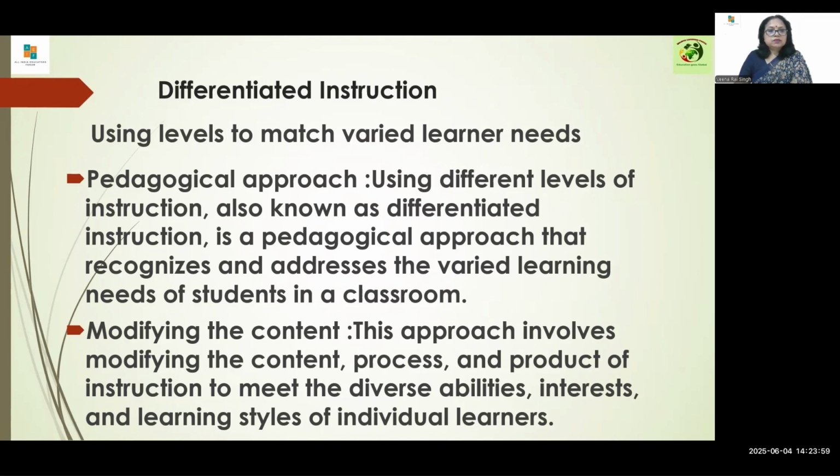First we take care of the pedagogical approach, like understanding differently abled students. We have to make changes in our pedagogy, and according to it, we need to modify the content. The approach involves modifying the content, the process, and the product of instruction.